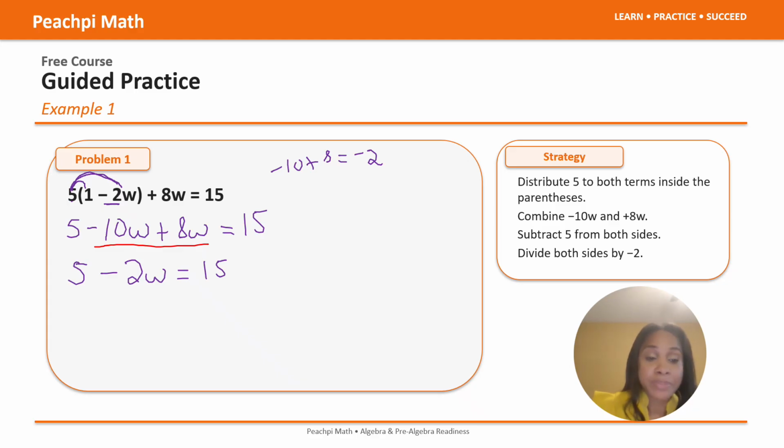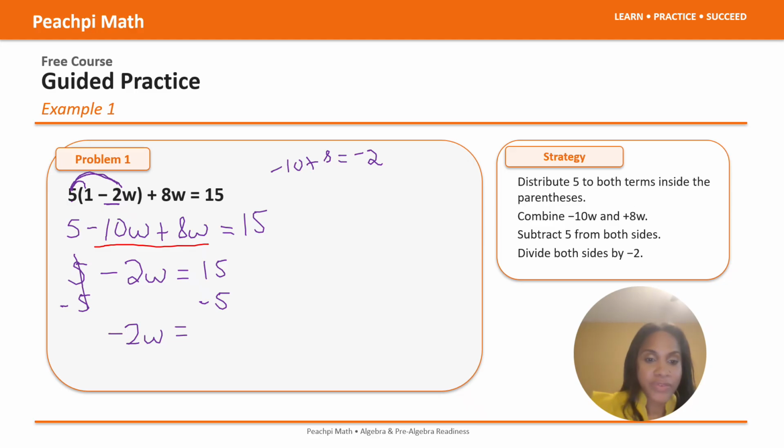So that 5 is positive. To get rid of it, we have to subtract it. So inverse is addition and subtraction. And we subtract 5 from both sides. Cancels out. Bring down that negative 2w.